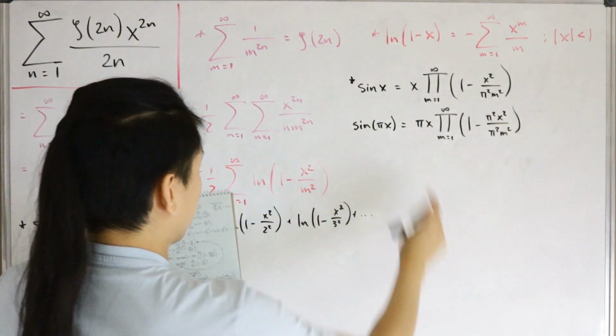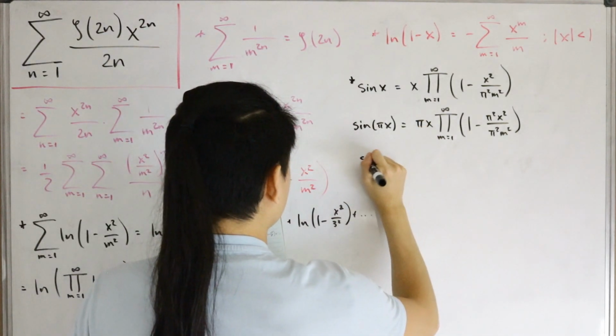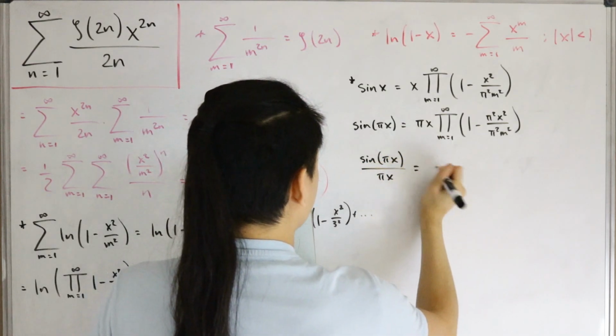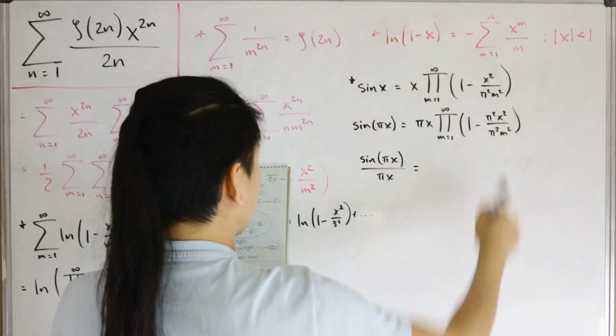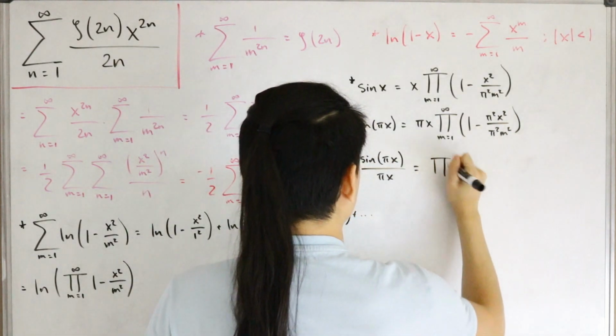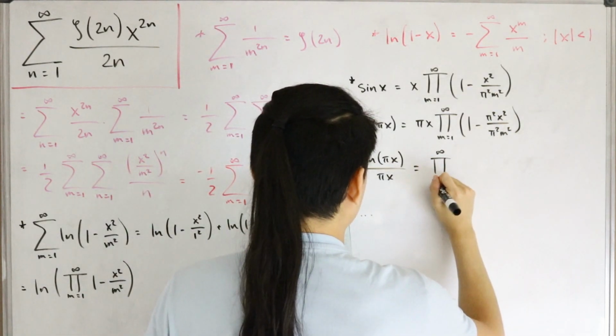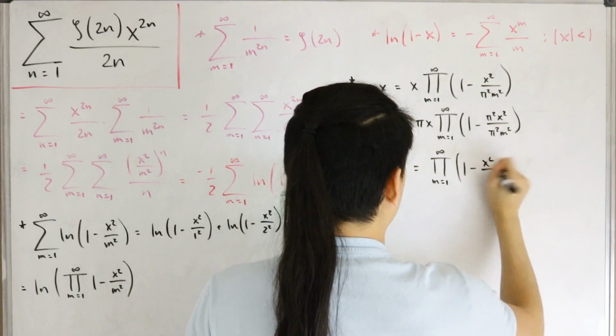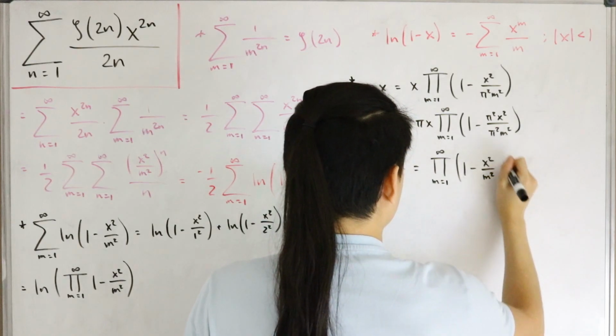Then let's divide pi x to both sides, so that means sine of pi x divided by pi x. Of course, those pi squares are going to cancel each other out, so I have the infinite sum, or infinite product, I keep getting that mixed up, of 1 subtract x squared, then divided by m squared.